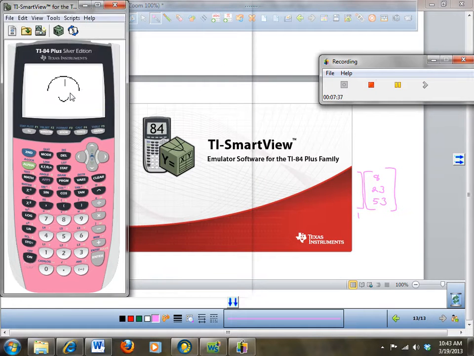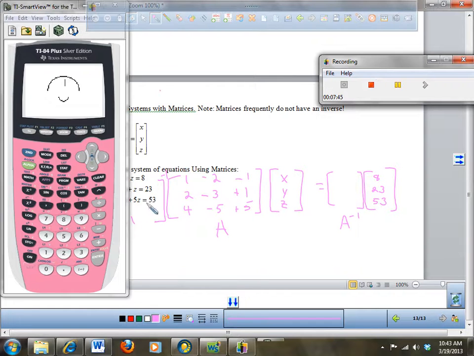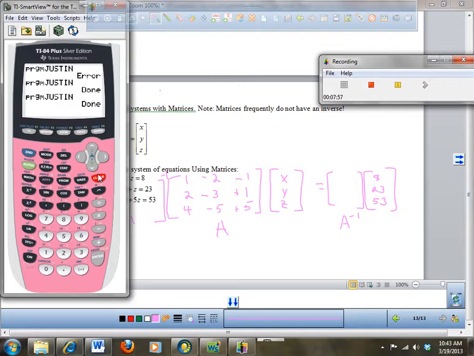What I'm going to do is multiply the inverse of this matrix times this thing called the constant matrix, and that's going to give me my x, y, and z. So I'm going to clear, that's my program from yesterday, and you go into your matrices, second matrix, and we're going to get A up there, okay?